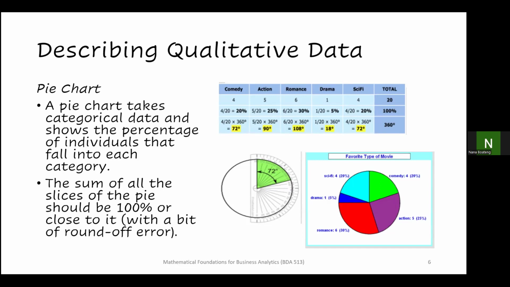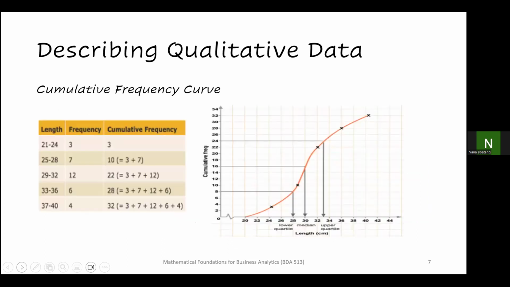All right. Let's look at other plots. Another way by which we can describe qualitative data is to use the cumulative frequency curve. Here we put various groups.